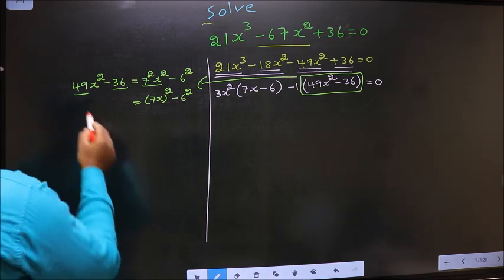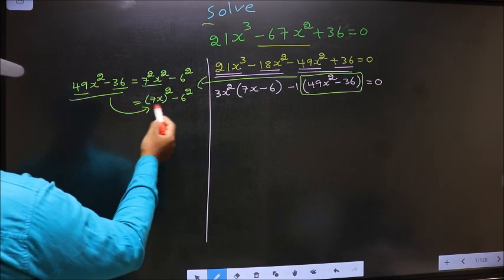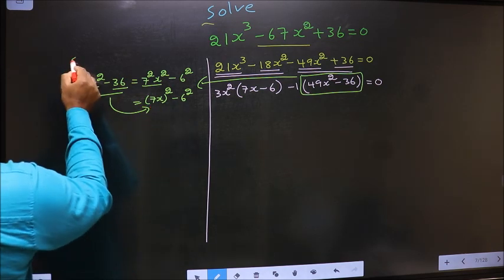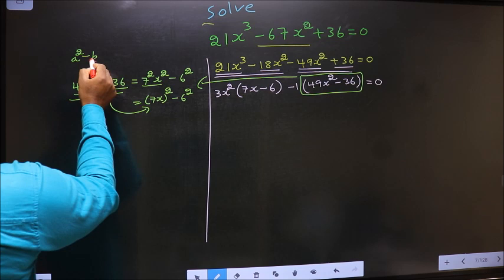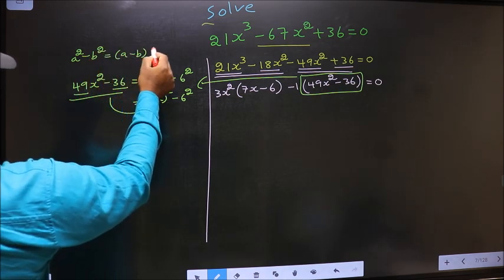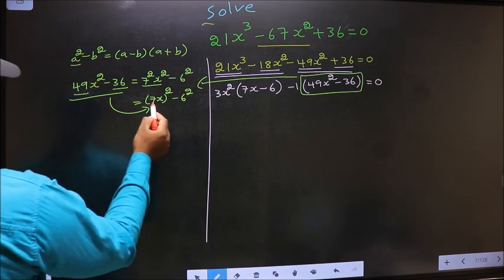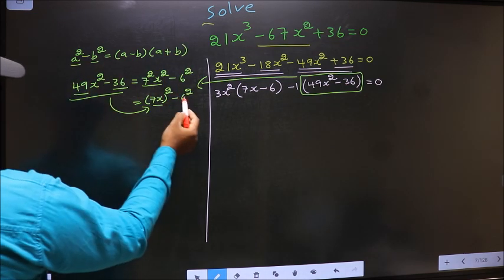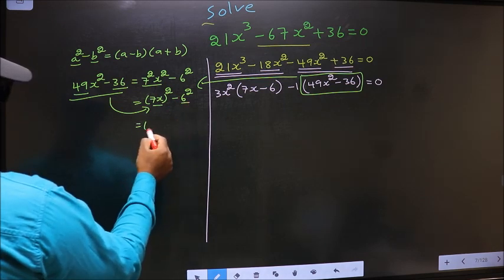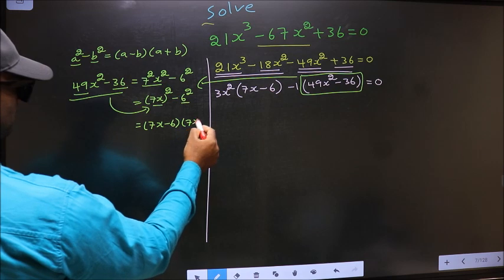The reason for us to change this to this form is, now on this we should apply the formula a square minus b square, that is a minus b times a plus b. So in place of a 7x, in place of b 6. So we get 7x minus 6, 7x plus 6.